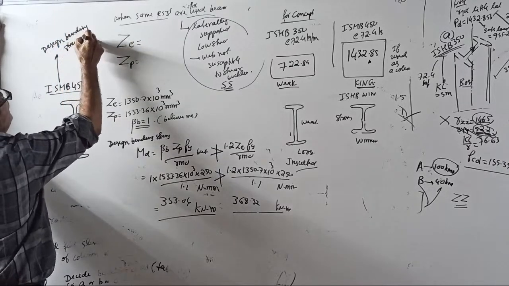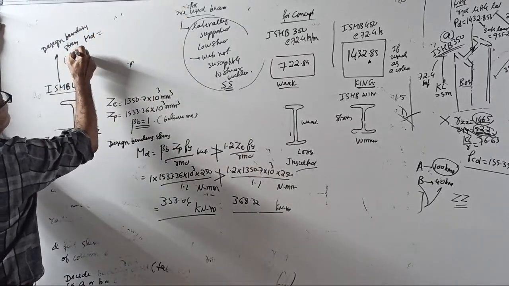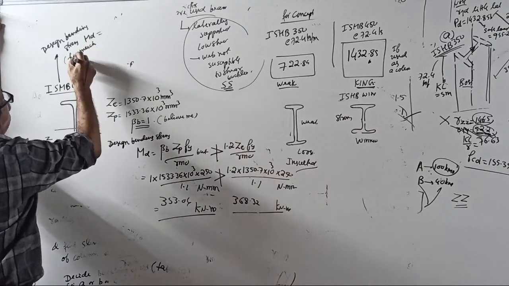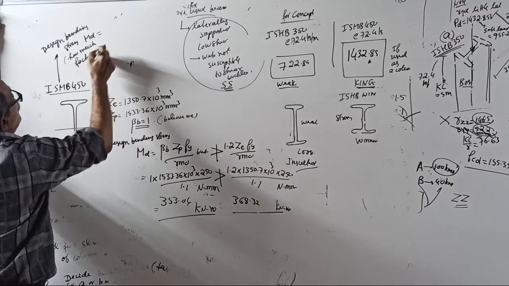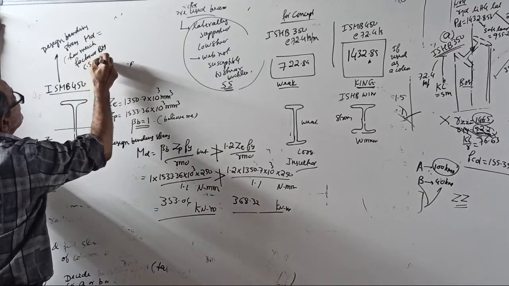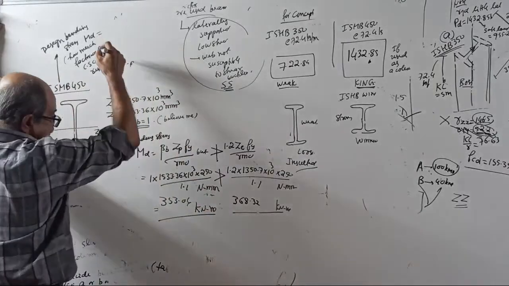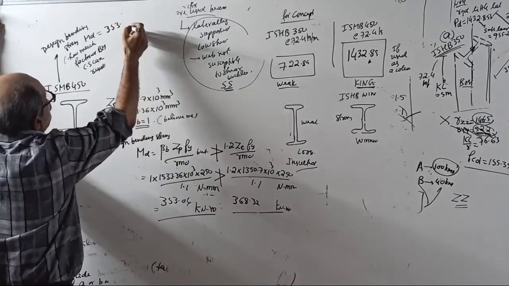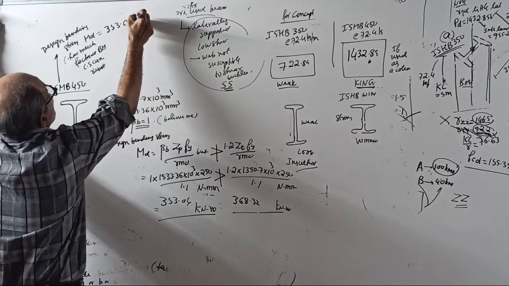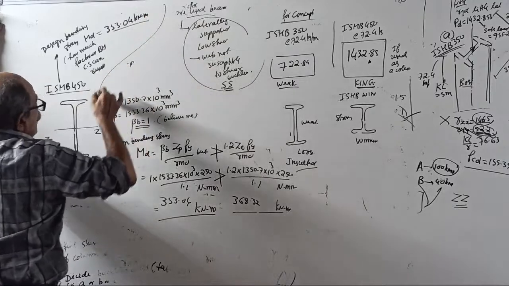Therefore, for this beam, design bending strength MD means how much factored BM the cross section can resist, whichever is least, is 353.04 kilonewton meter. That is for your ISMB 450.